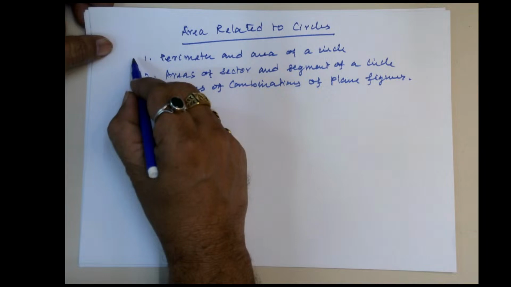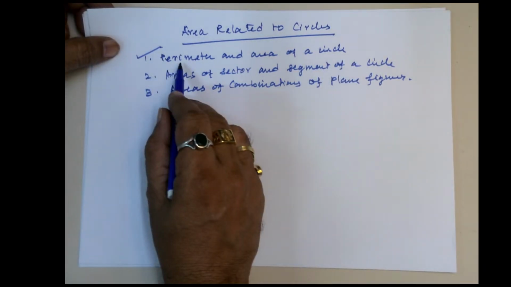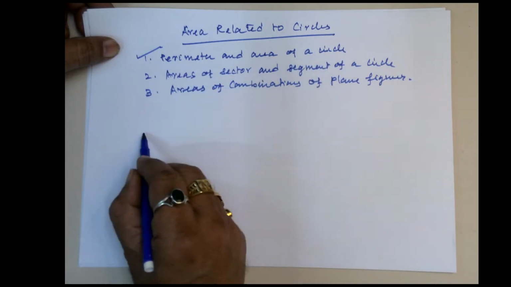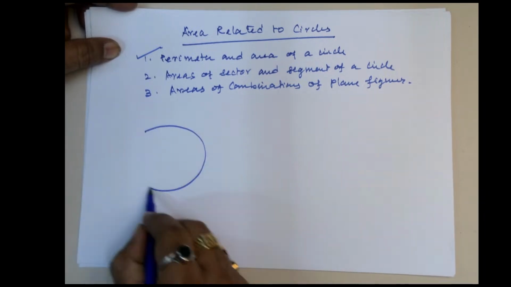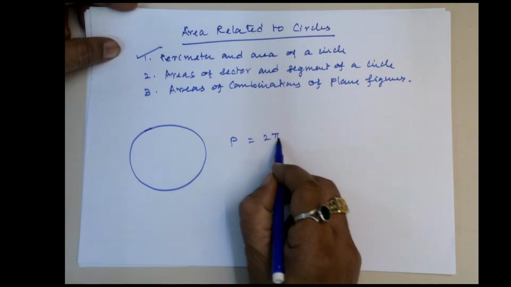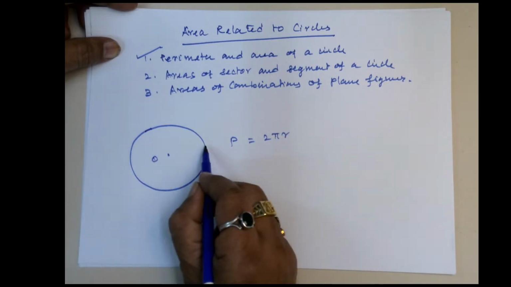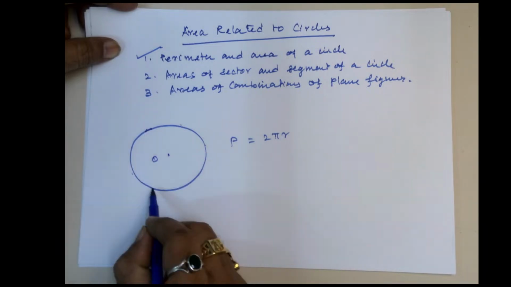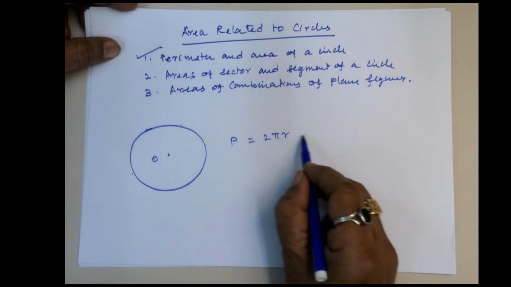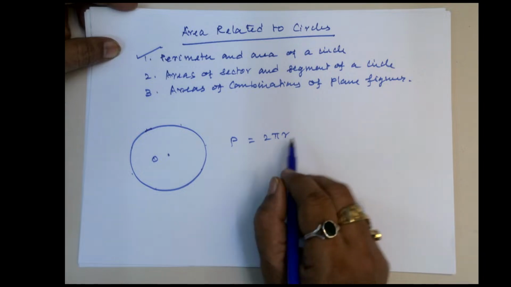Now let me recap whatever we have discussed in the previous class under the topic perimeter and area of a circle. We know perimeter is 2 pi r for a circle. O is the center and you have various points on the circle. So we can calculate the perimeter, and that is given in length units only. If it is centimeter, you can mention centimeter.